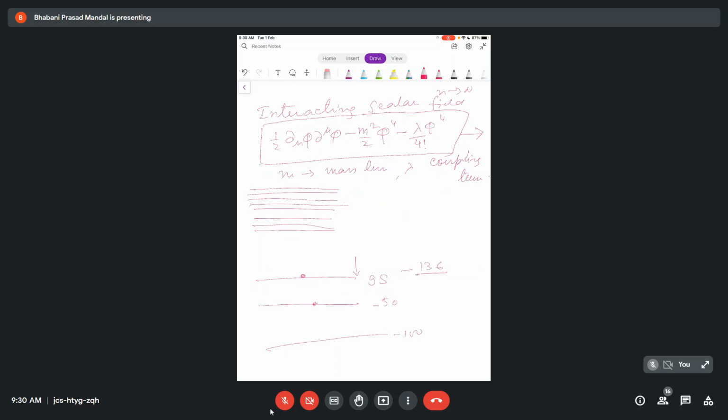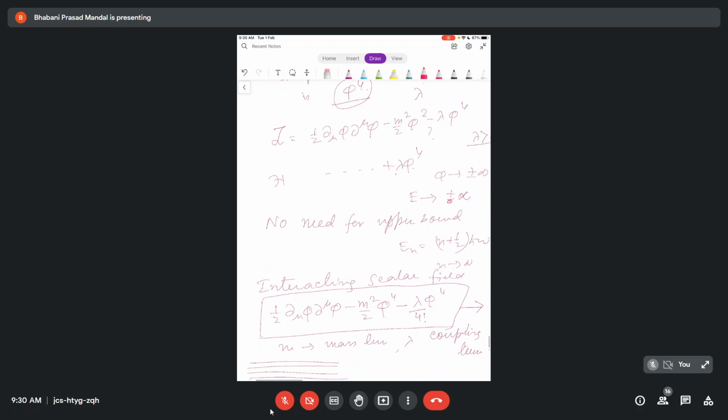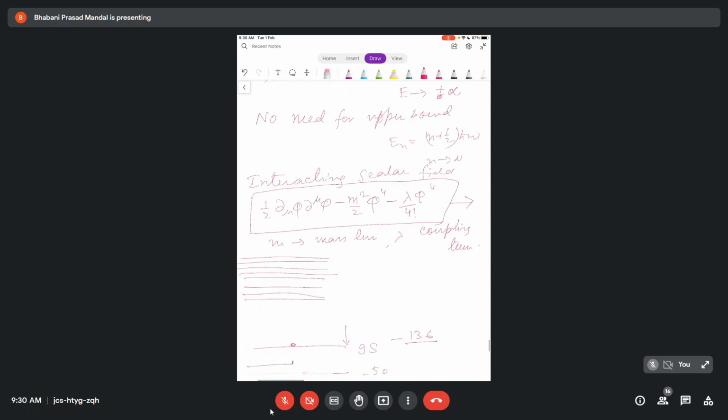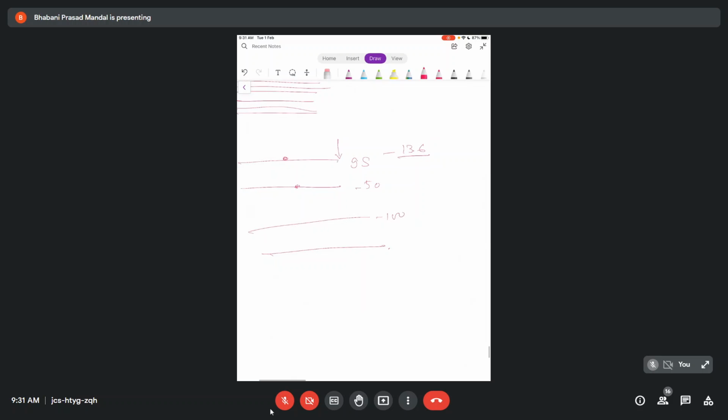But there is no lower bound, so the particle will go continuously down to minus infinity. This is called instability. When the particle reaches equilibrium, that means the ground state, the system is stable. But when there is no lower bound, the particle will never be stable. That is what I am saying.